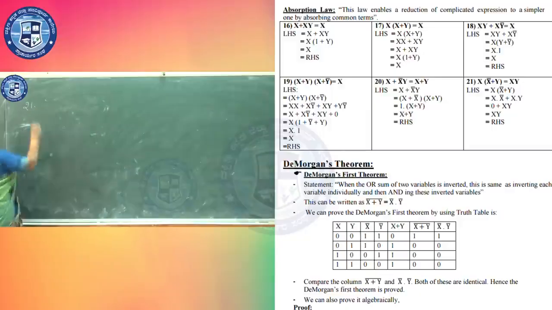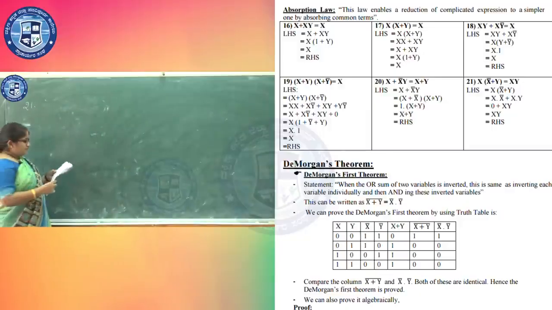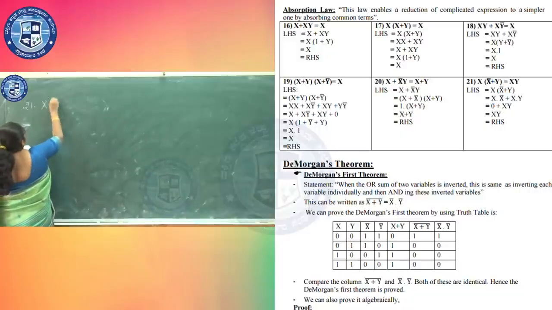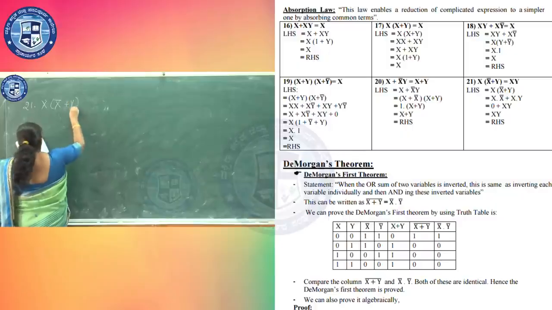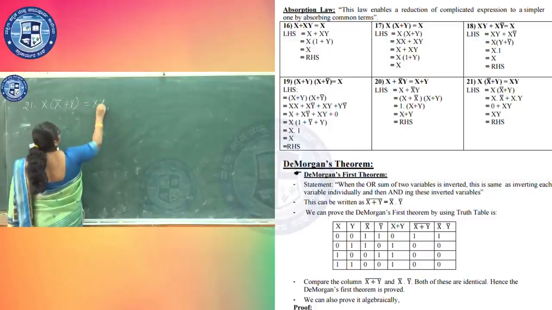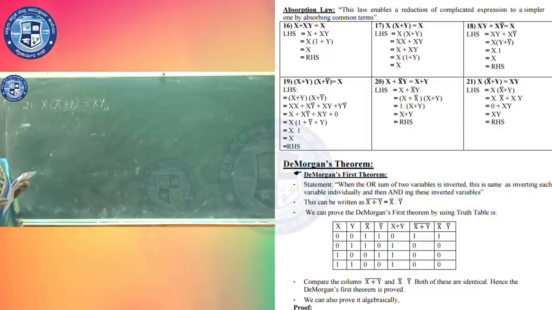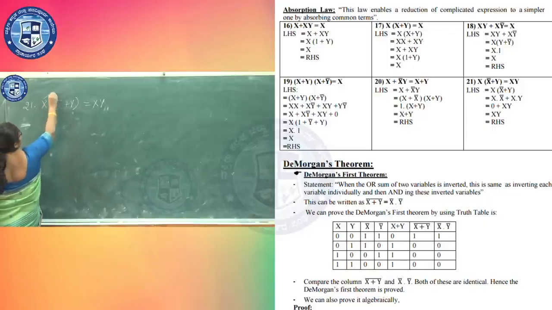Next, this is the last Boolean theorem. We have x into x dash plus y is equal to xy. What we do here is simply multiply the terms. This into this and this into this.